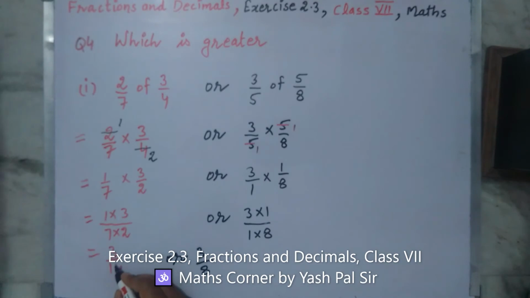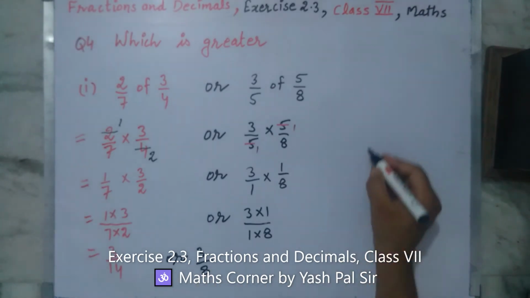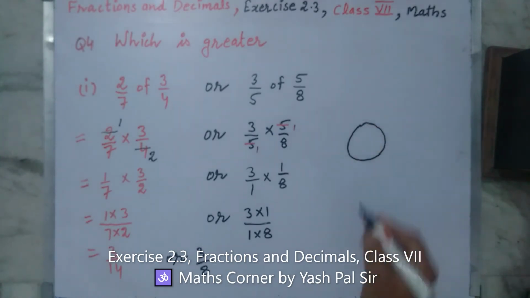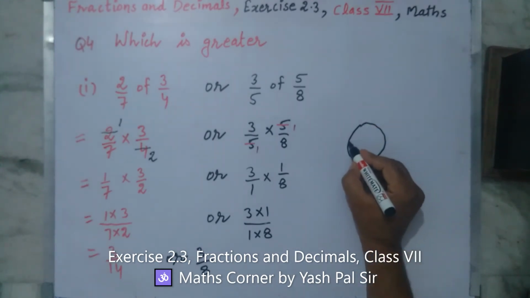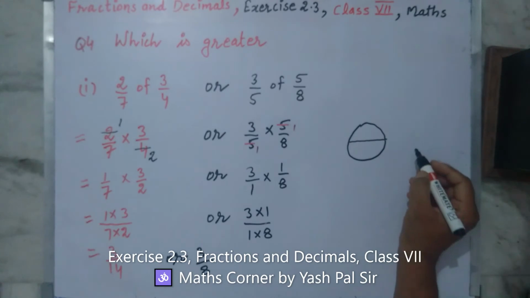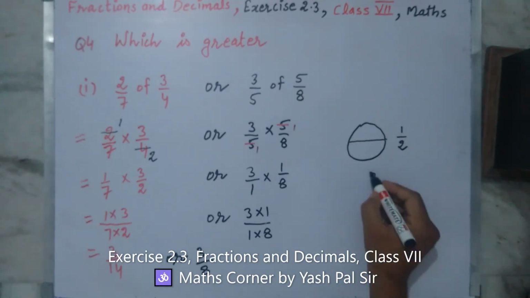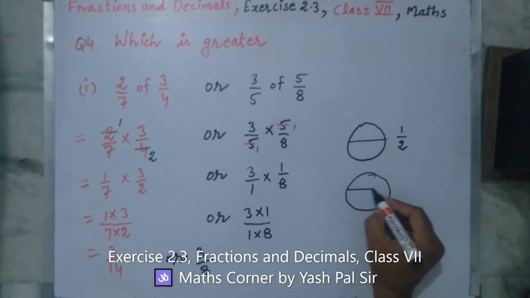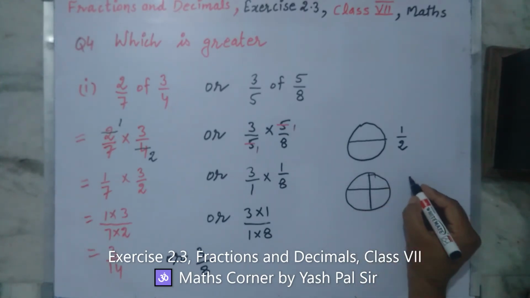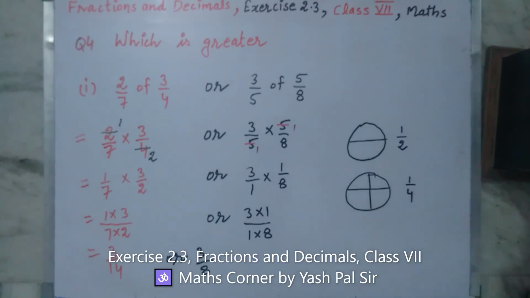Here we divide 3 into 14 parts. Here 3 is divided into 8 parts. So which part is greater? Suppose one bread is divided into 2 parts. Then this is called 1 by 2. If one bread is divided into 4 parts, then this is called 1 by 4.